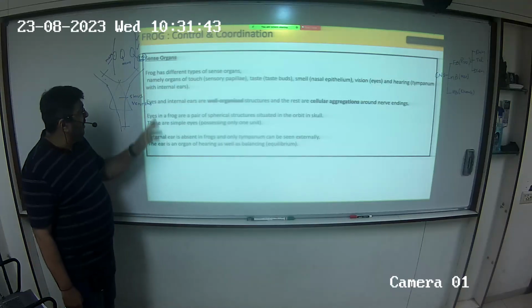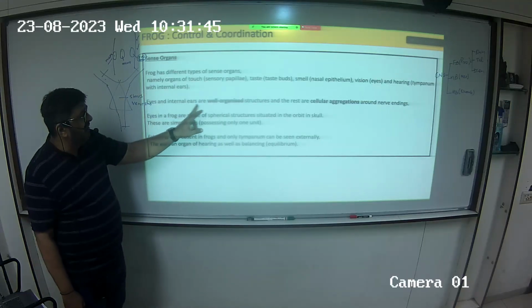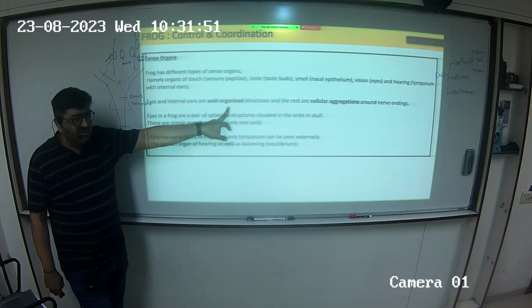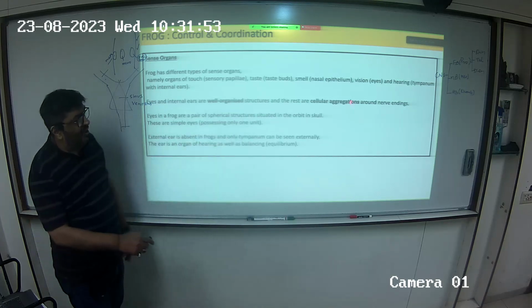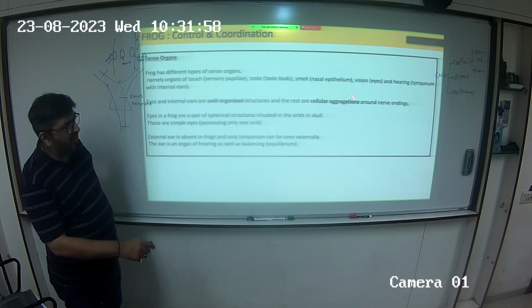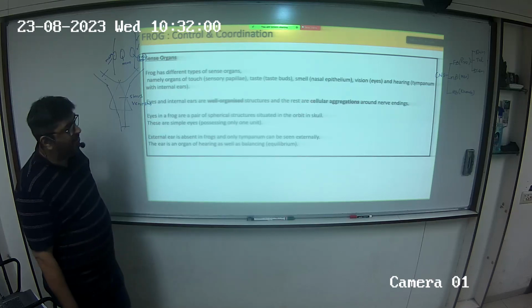Sense organs, I told you, eyes and internal ears are well organized structures. The rest are all termed cellular aggregations, collections of cells around the nerve endings.